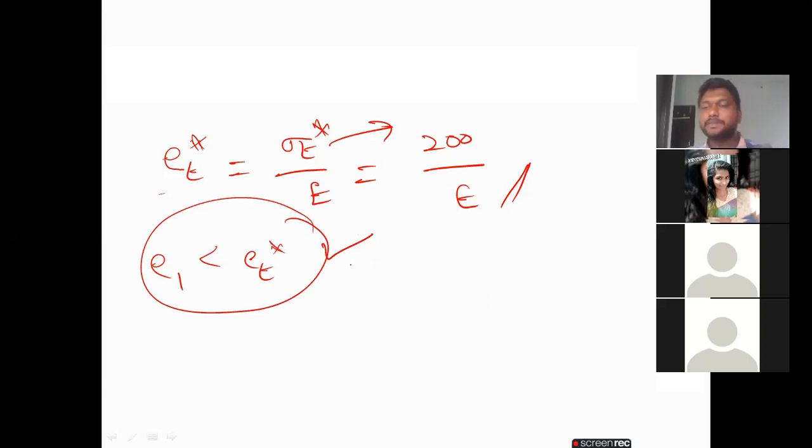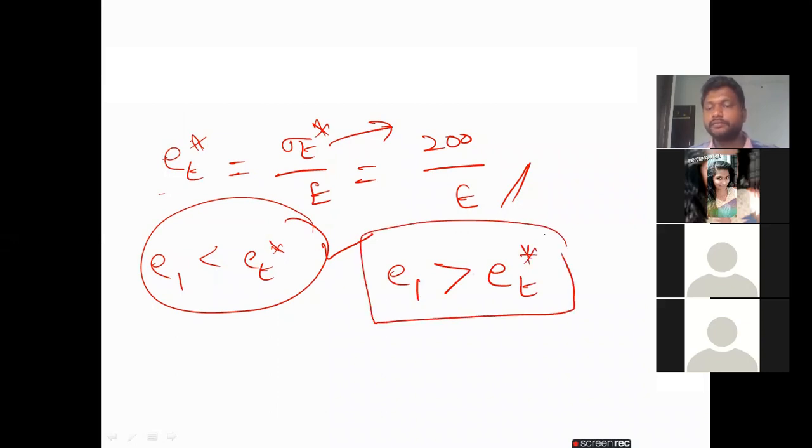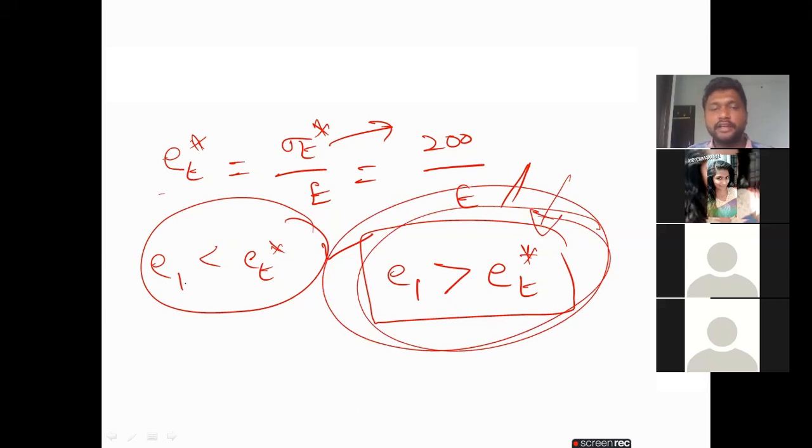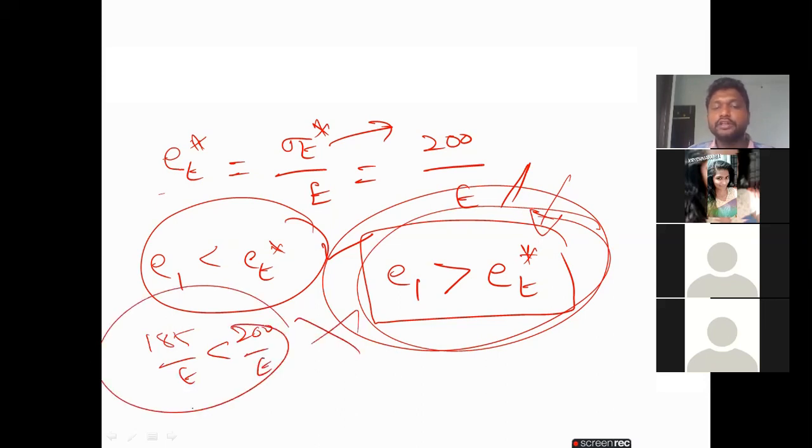But as per our principal strain theory, failure occurs when E1 is greater than E t star, that is, when the principal strain reaches the strain in simple tension at yield stress. Here the condition is 185 by E less than or equal to 200 by E, so no failure will occur.